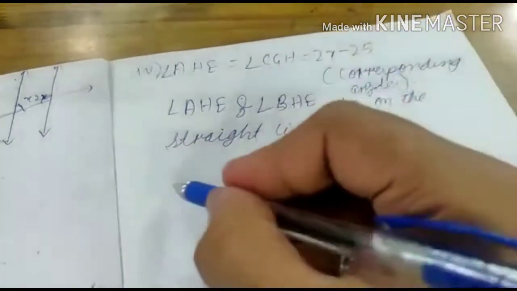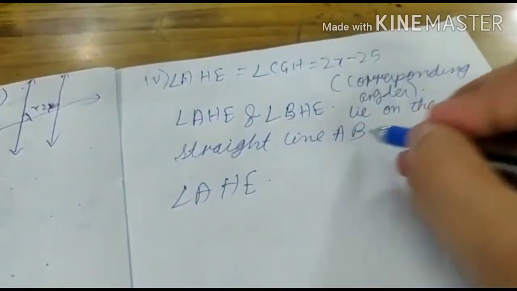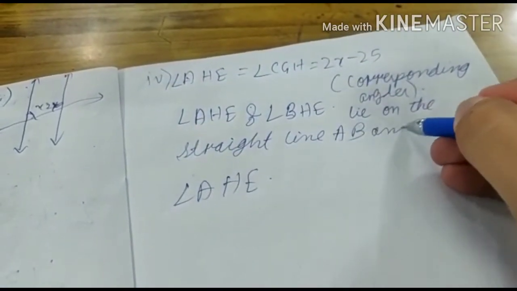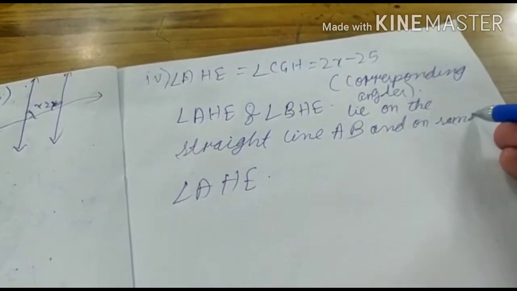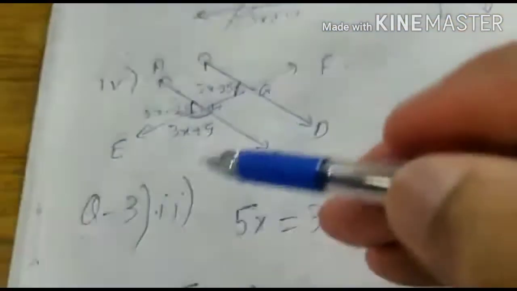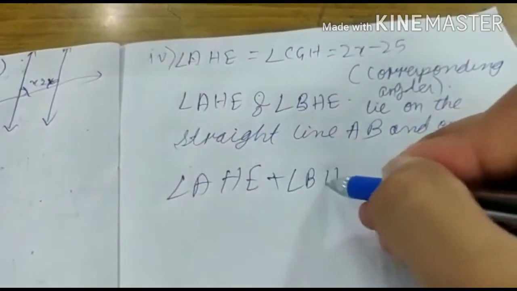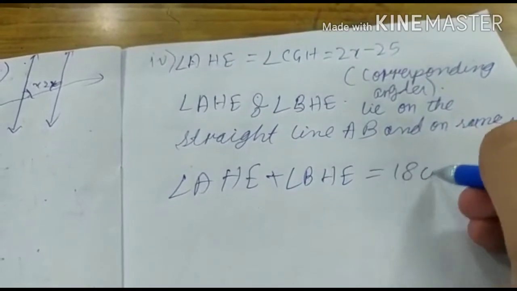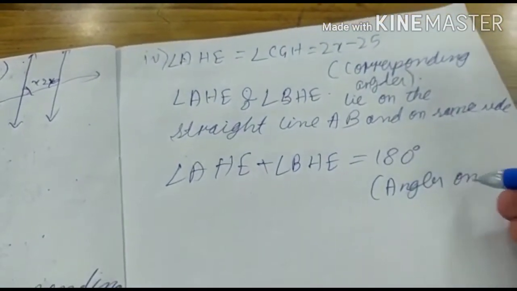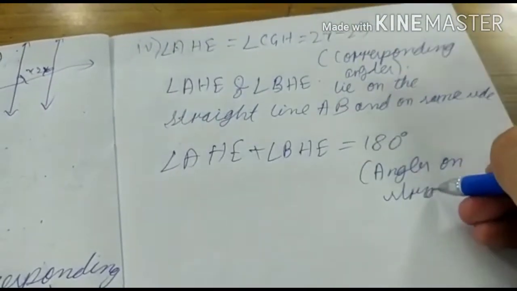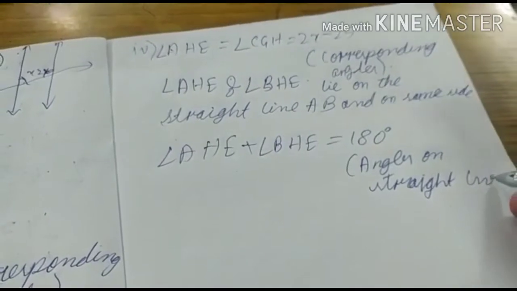So angle AHE and BHE lie on the straight line AB and on the same side, that is they are below. Look, these are below. So angle AHE plus angle BHE equals to 180 degree, angles on a straight line.